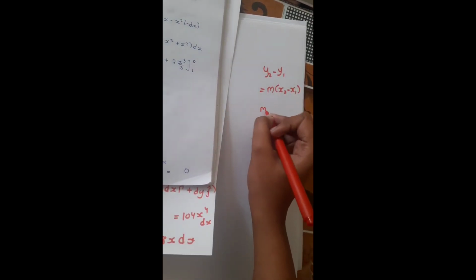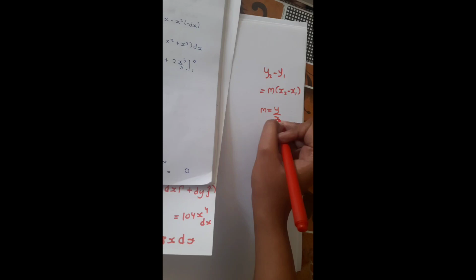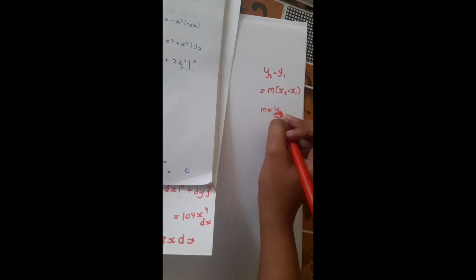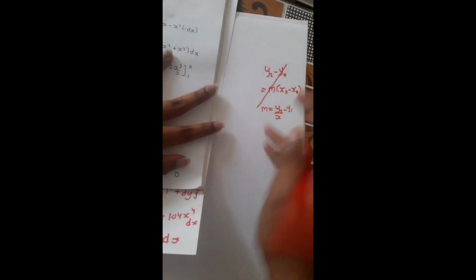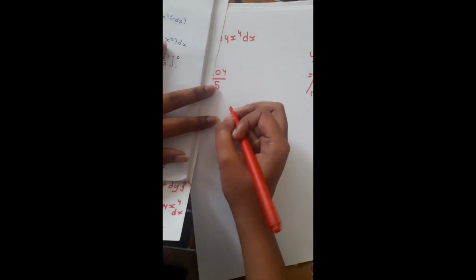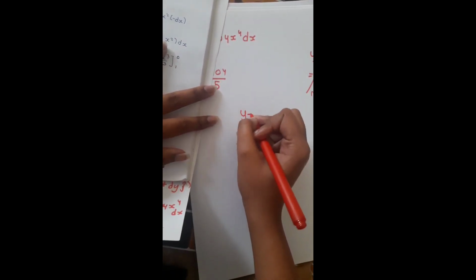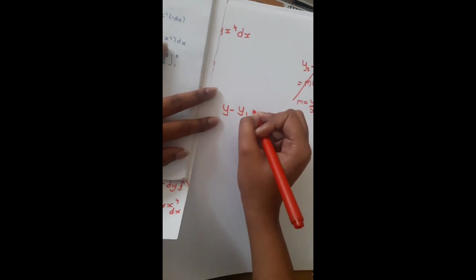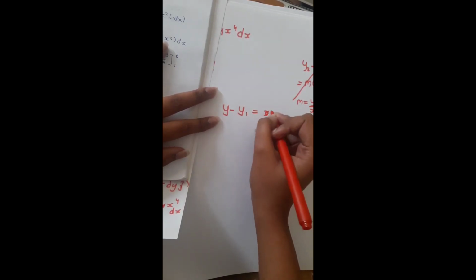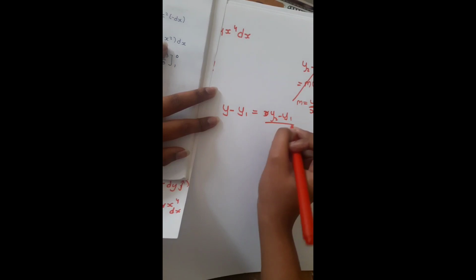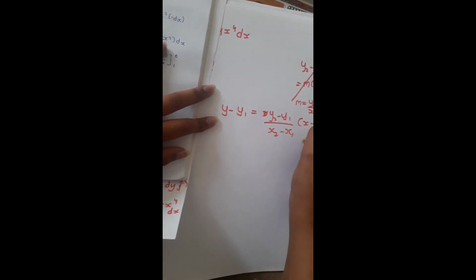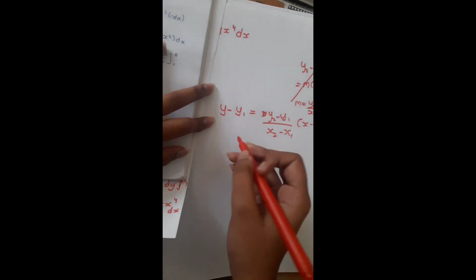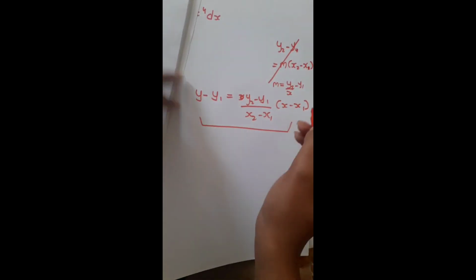Slope is nothing but m equals y by x, like y2 minus y1 upon x2 minus x1. So the equation is y minus y1 equals y2 minus y1 upon x2 minus x1 into x minus x1. This is the formula that you have learned in 12th standard.